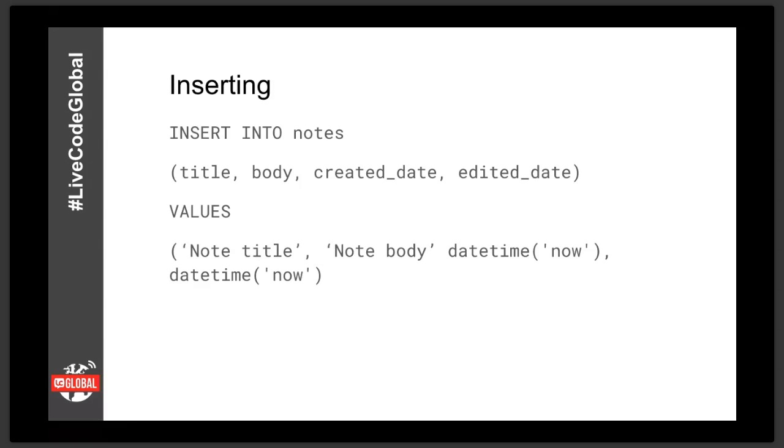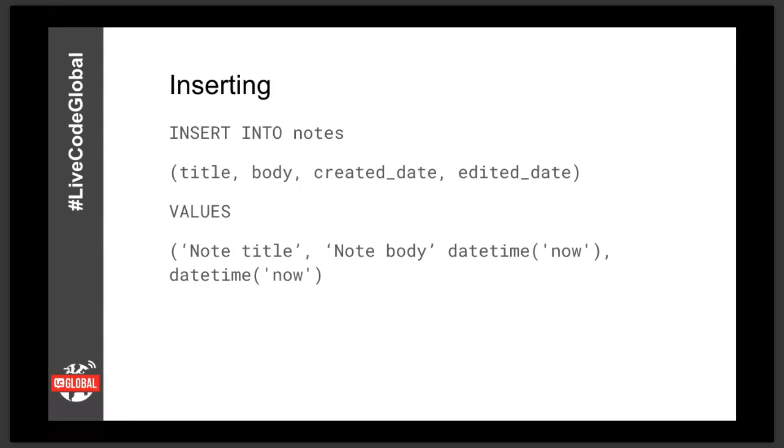And these are the values we want to insert afterwards: note title, note body, that makes sense. But the next two are date time now, which are a little confusing. I'm missing a closing bracket there at the very end, but ignoring that, date time now tells us we want to use the current date and time. I'm just reading out what's there, but it kind of makes sense.